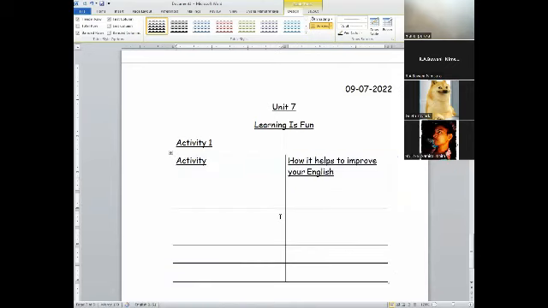Teacher, do we need a double page? I think no, Satira. Use the margin also. Double page, no need. Use the margin. For the activity, 5 centimeter is enough. For the activity part, 5 centimeter is enough.